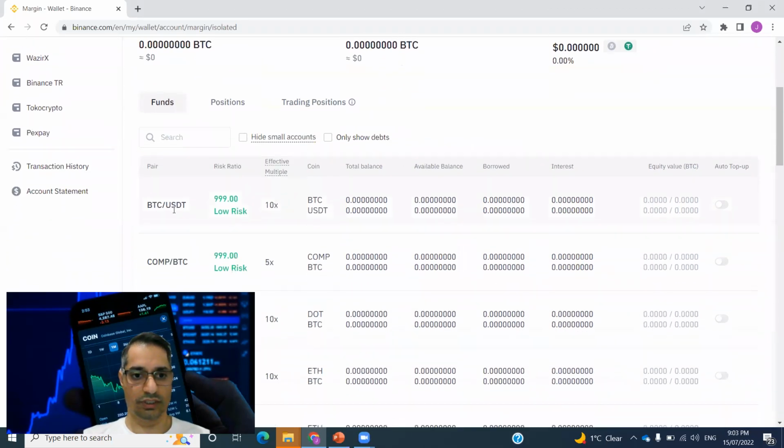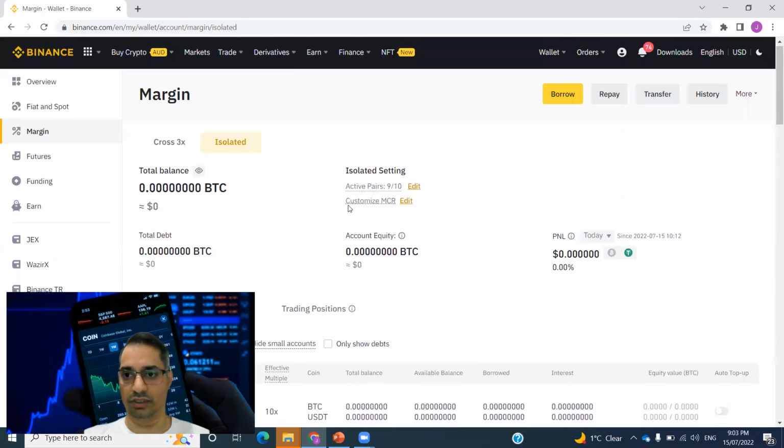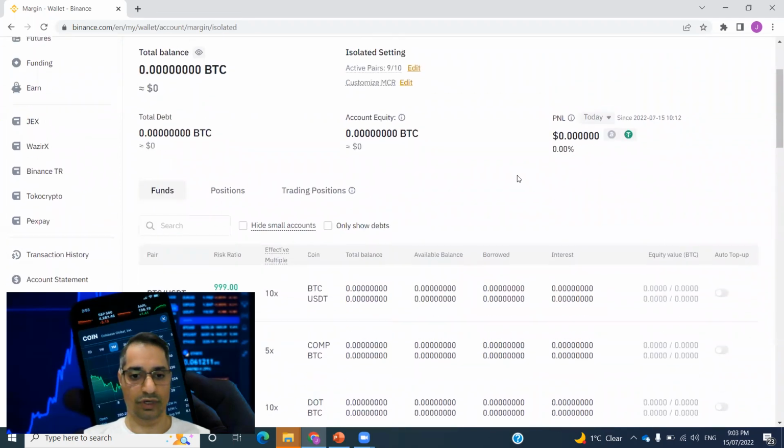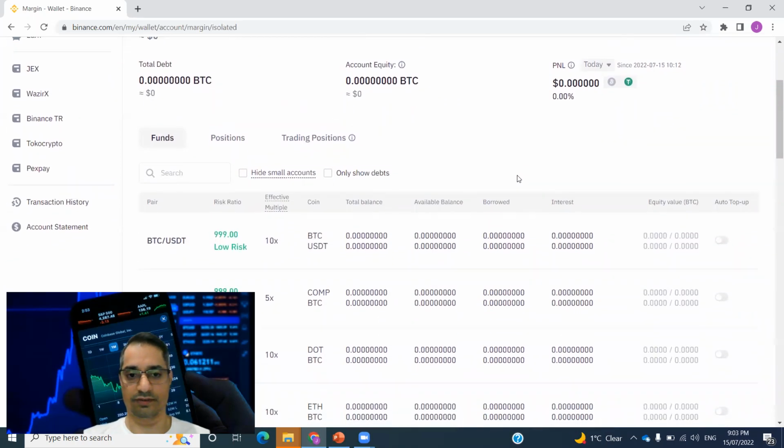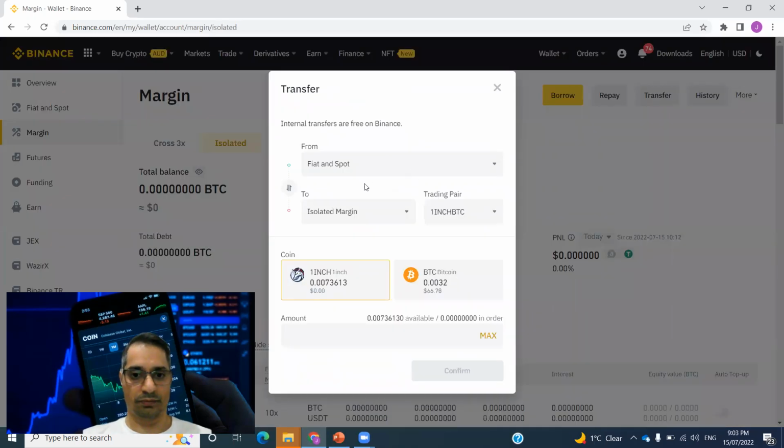Here you see I can trade in these various markets. I want to trade, for example, in BTC and USDT. So what I'm going to do is transfer some money, or my Bitcoin that I bought in the last video.